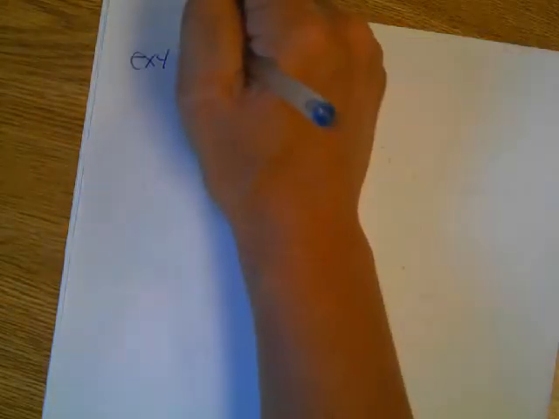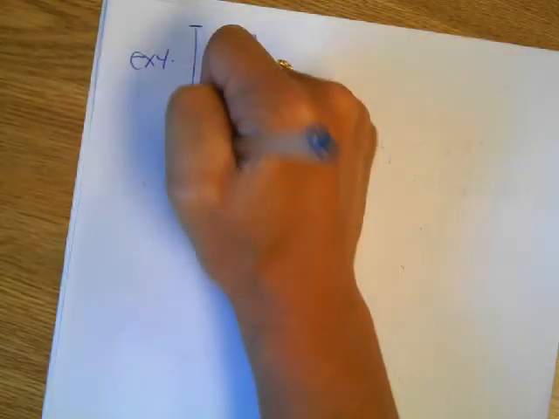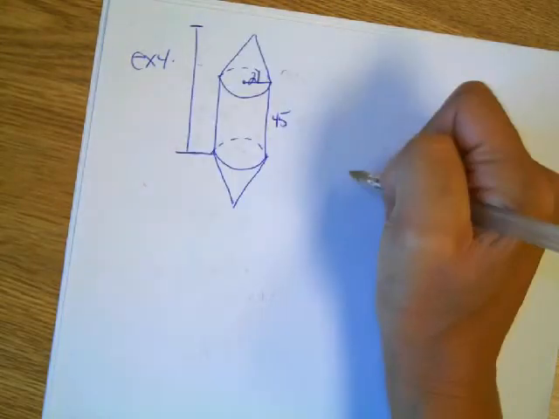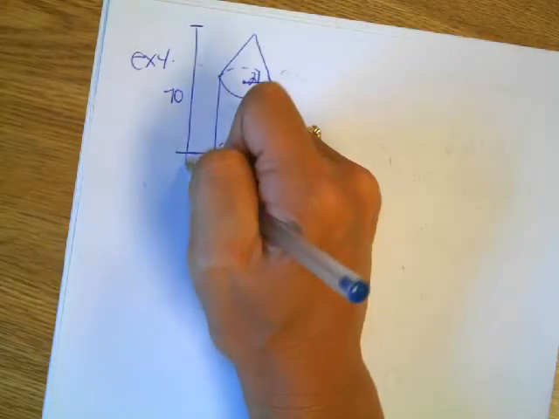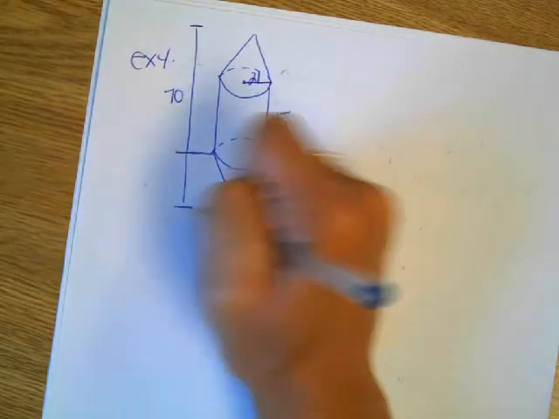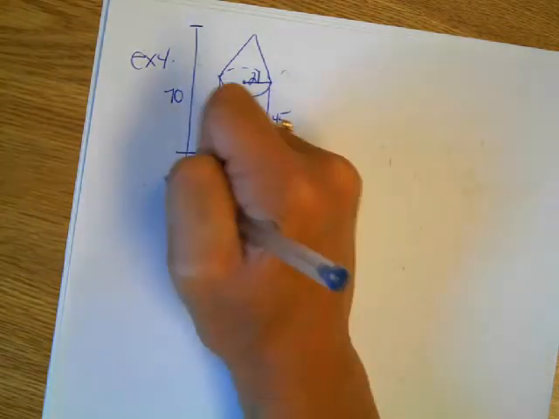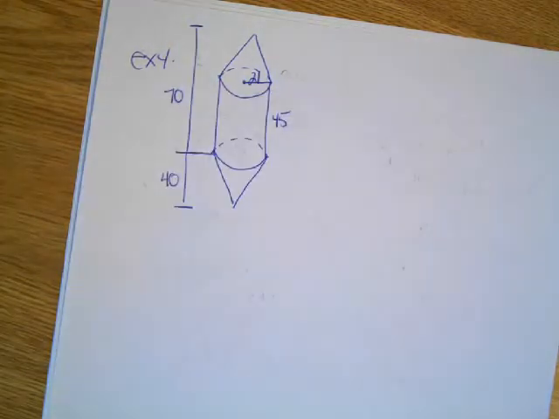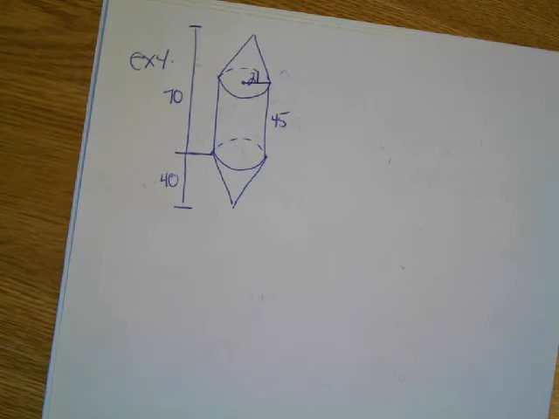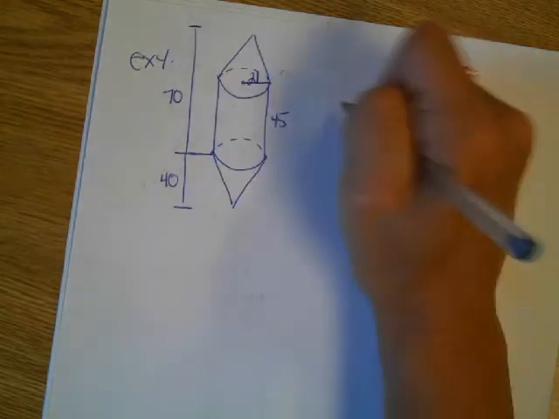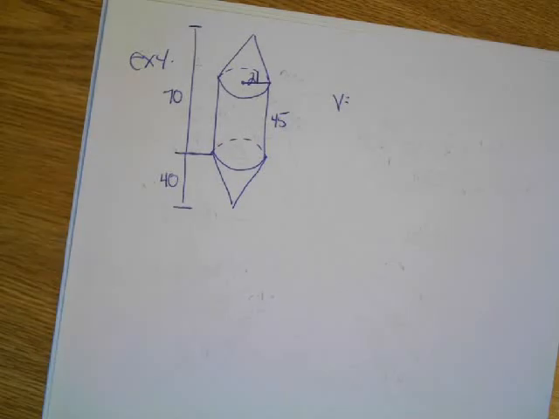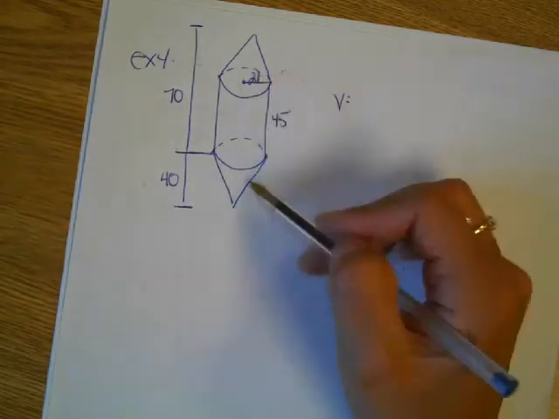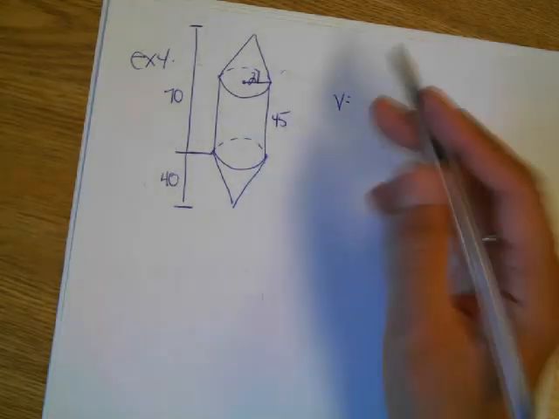We're going to go with this one to the bottom of the cylinder. That's going to be 70. And then this one, even with that, is going to be 40. So, our plan for total volume, and nothing in here says that these two cones have to be the same, so we're going to double check everything.